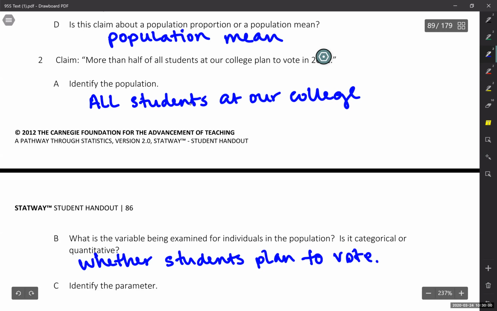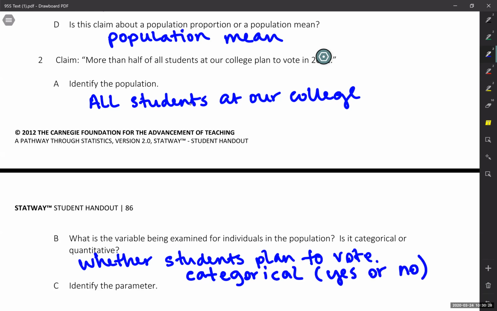Think about your answer. Is your answer a word or is your answer a number? The question is, do you plan to vote? You're either going to say yes or you're going to say no. So this example is categorical because your answer is a word. Put in parentheses yes or no. Those are words, so that would be categorical.